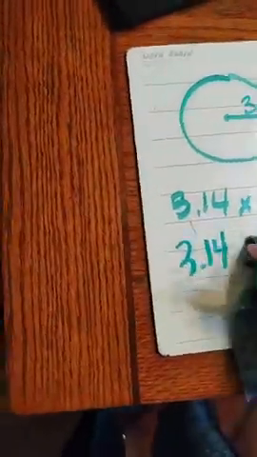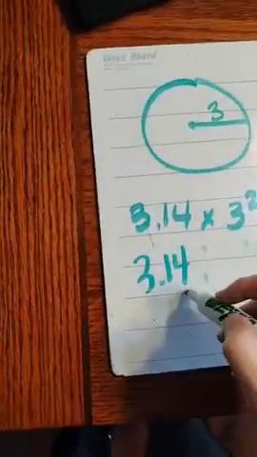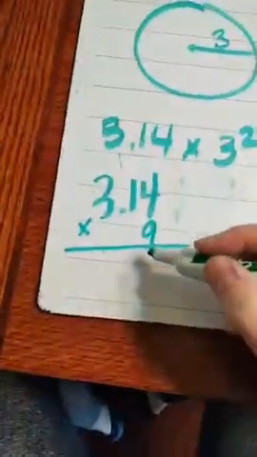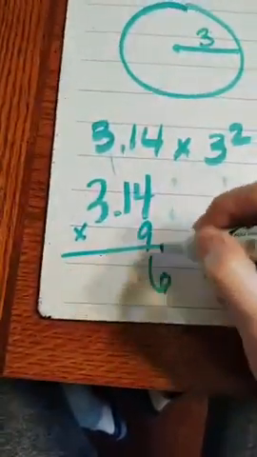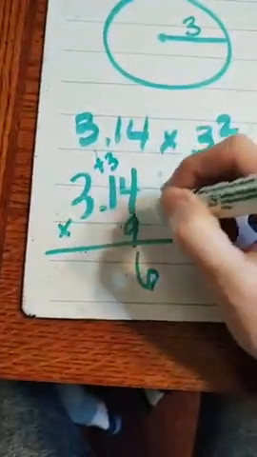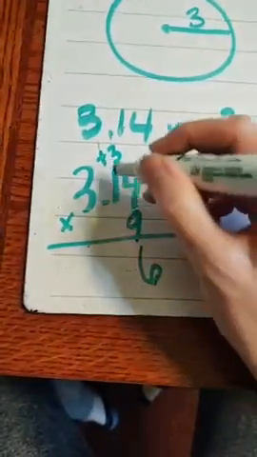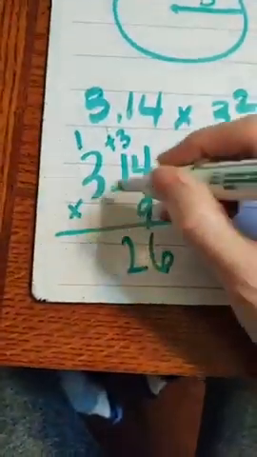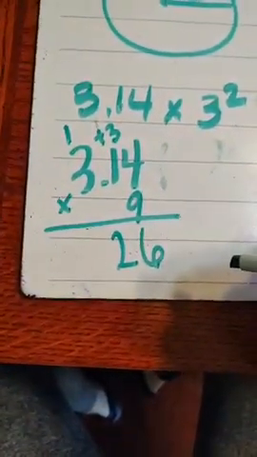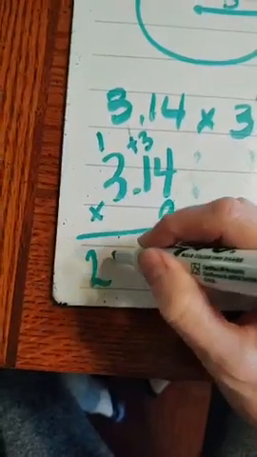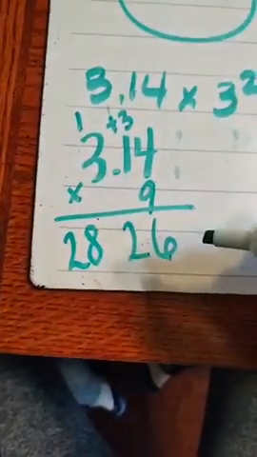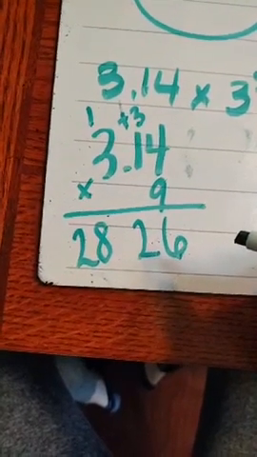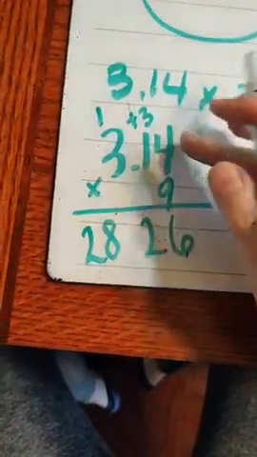I'm going to write this up and down so that I can figure this out. 9 times 4, 36, carry my 3. 9 times 1 is 9, plus 3 is 12. 9 times 3, 27, one more, 28. Now remember, with decimals we have to put it in there. I count how many decimal places there are in both numbers.